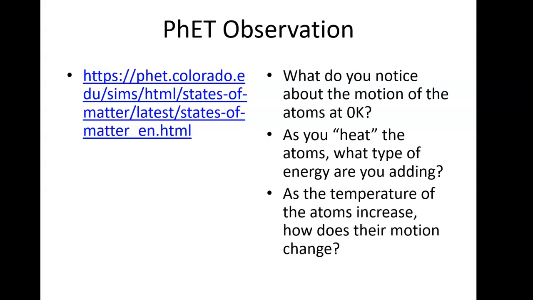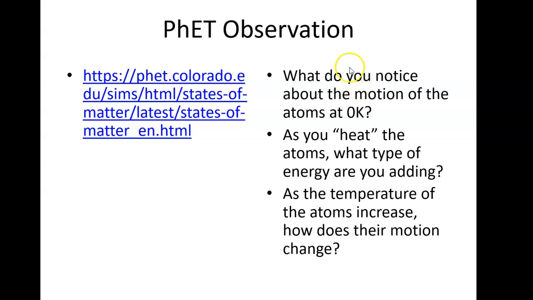By definition, 0 Kelvin is the lowest temperature an object can have because the atoms stop moving at that temperature. They have no more kinetic energy. And hopefully you saw that in the simulation. Now, in real life, it's not possible to actually reach 0 Kelvin, but theoretically, if you could, that would be the temperature at which all atomic motion stops.